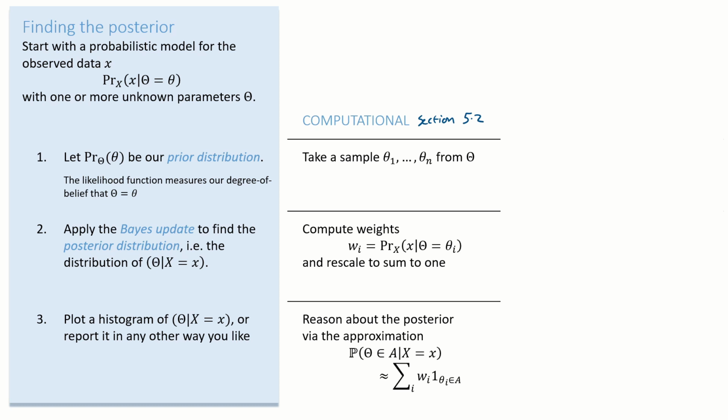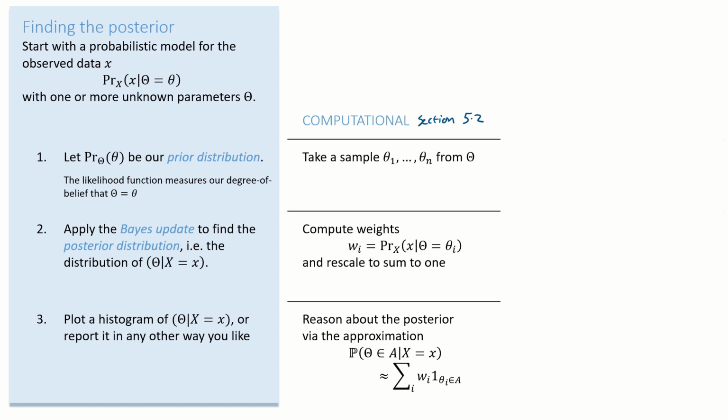Here's a recap of the computational approach, a recap of what we learnt in section 5.2. For step 1, the prior, we'll take a sample of values from the big theta random variable. For step 2, we compute weights, one for each sampled theta value. We let weight w_i be the likelihood of the whole data set conditional on the parameter taking value theta_i, and then we rescale all the weights to sum to 1.